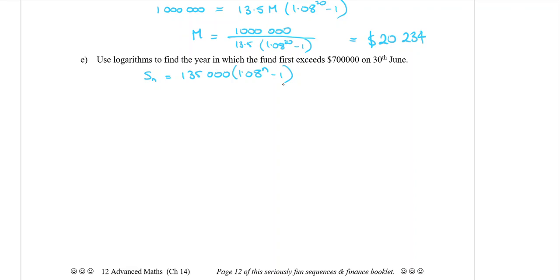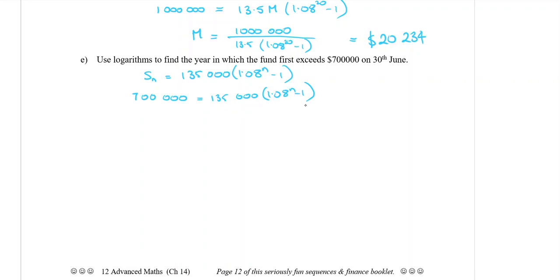Okay, we want to have a sum of 700,000 or more, but I'm going to make it equal to 700,000. These kind of questions, you can make them into inequalities, but often it's easier just to solve them as an equal to sign, and you know you just have to round up.